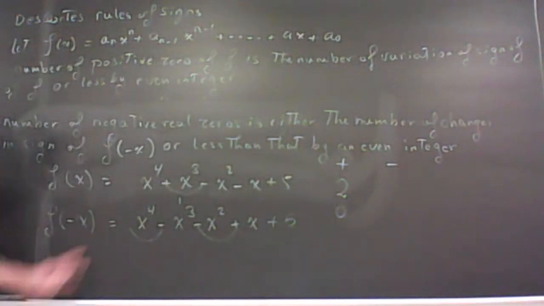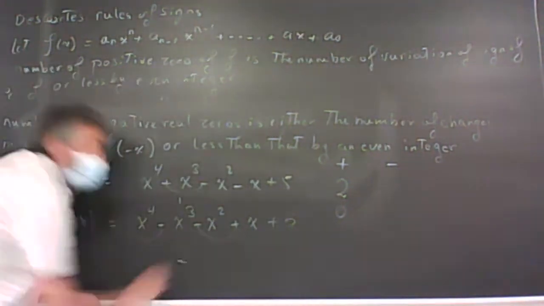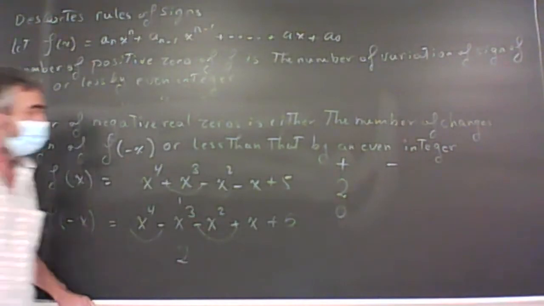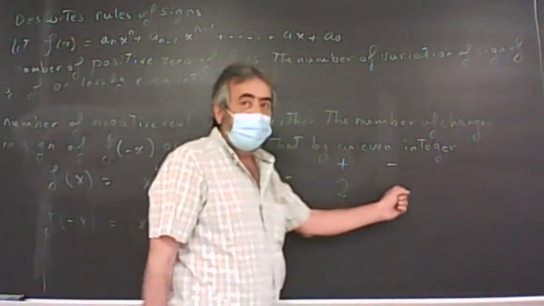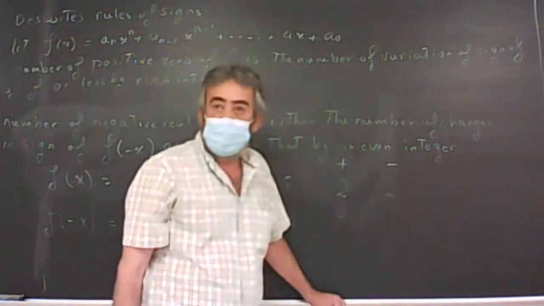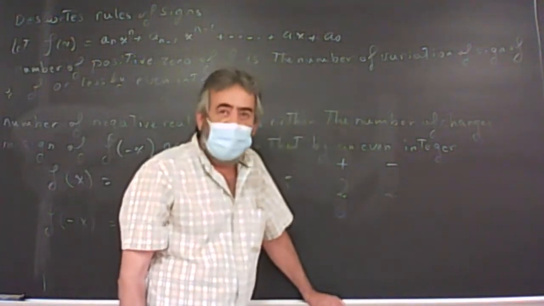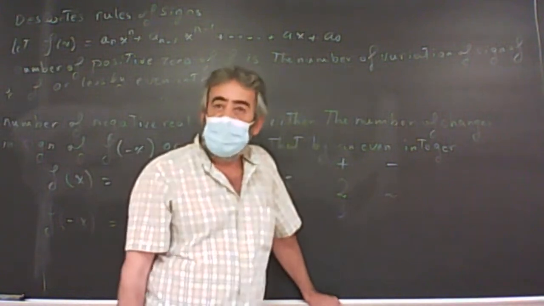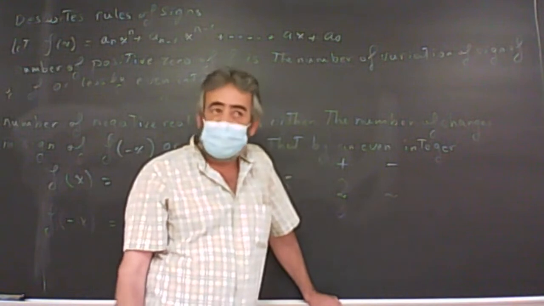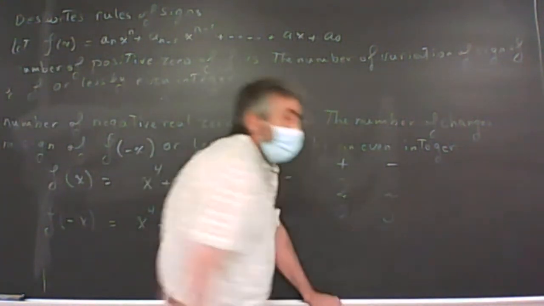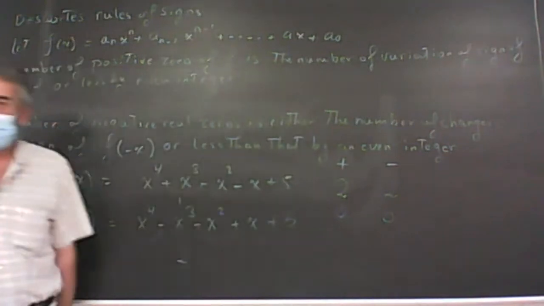So therefore, we have 2 changes of signs, right? So the possible negative answers are simply either 2 or less by an even number. So we keep subtracting 2 until we get to 1 or 0. If I subtract 2 from here, I get 0 and I stop.